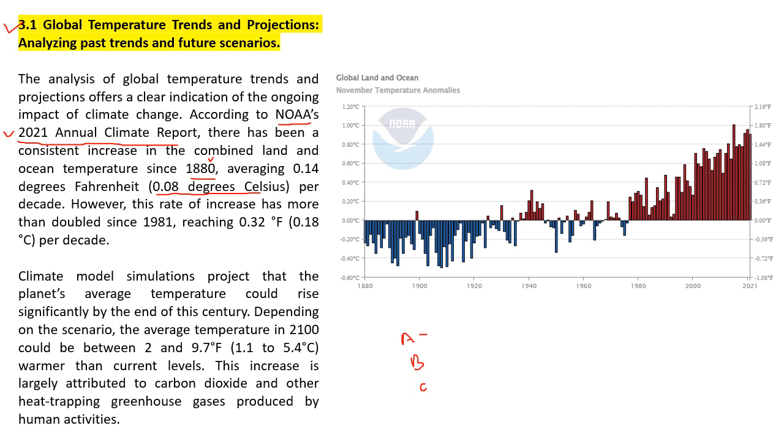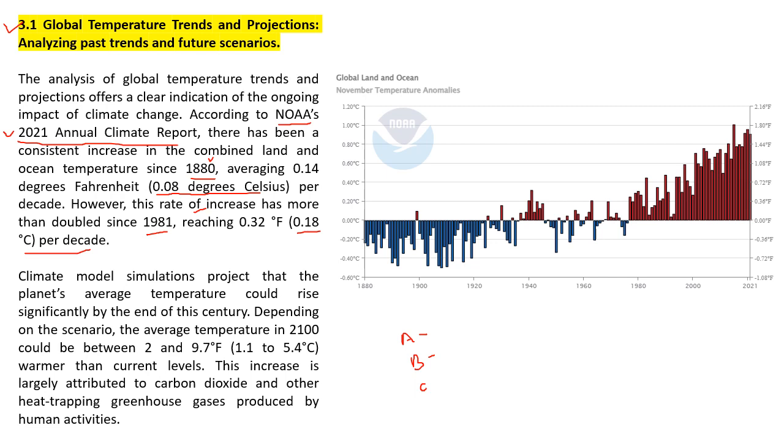And the second information, B, is that the rate of increase since 1981, just after 100 years, has been 0.18 degrees Celsius per decade.